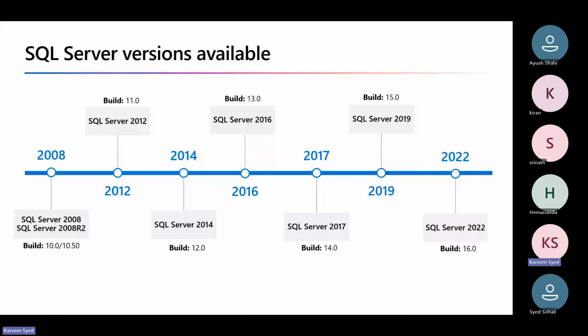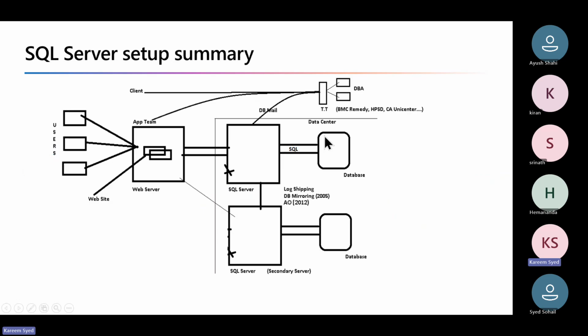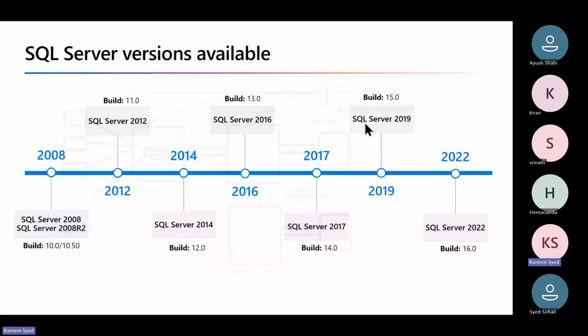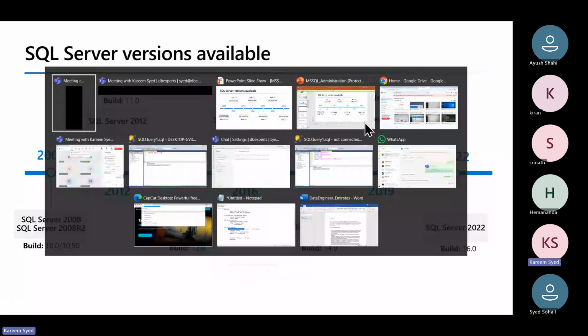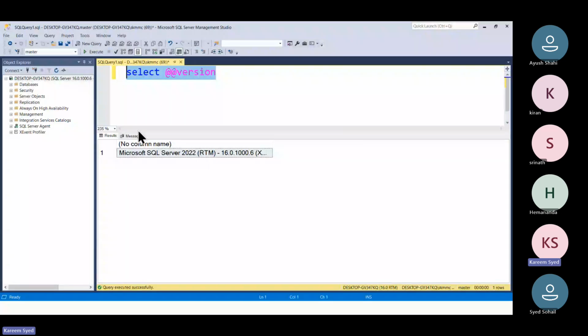Normally the build term refers to a patch, but it is a database engine version. We already know how to check which version we are working with. Just now we have seen SQL Server 2022.